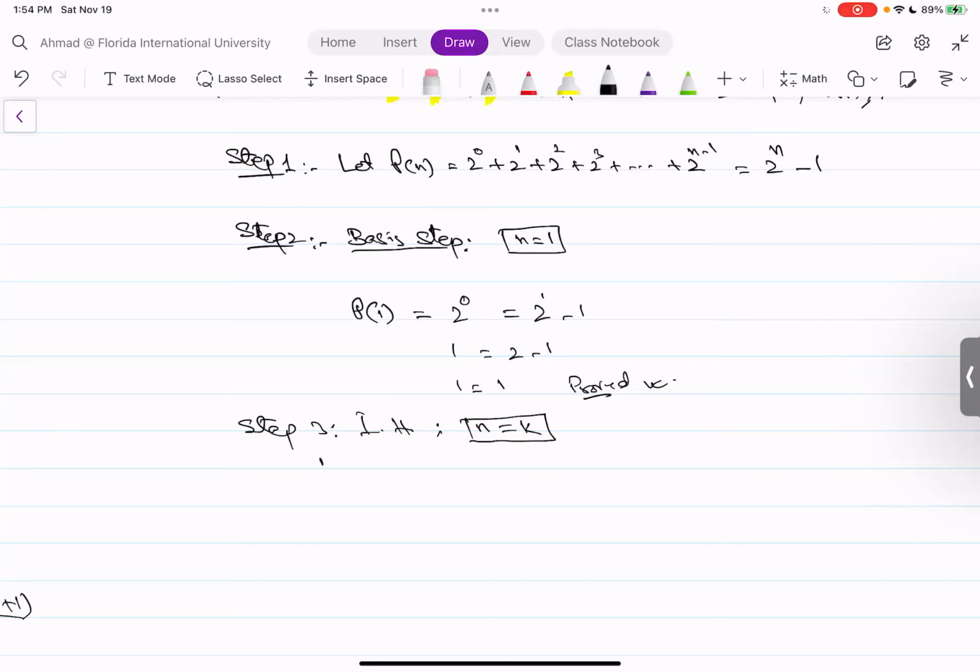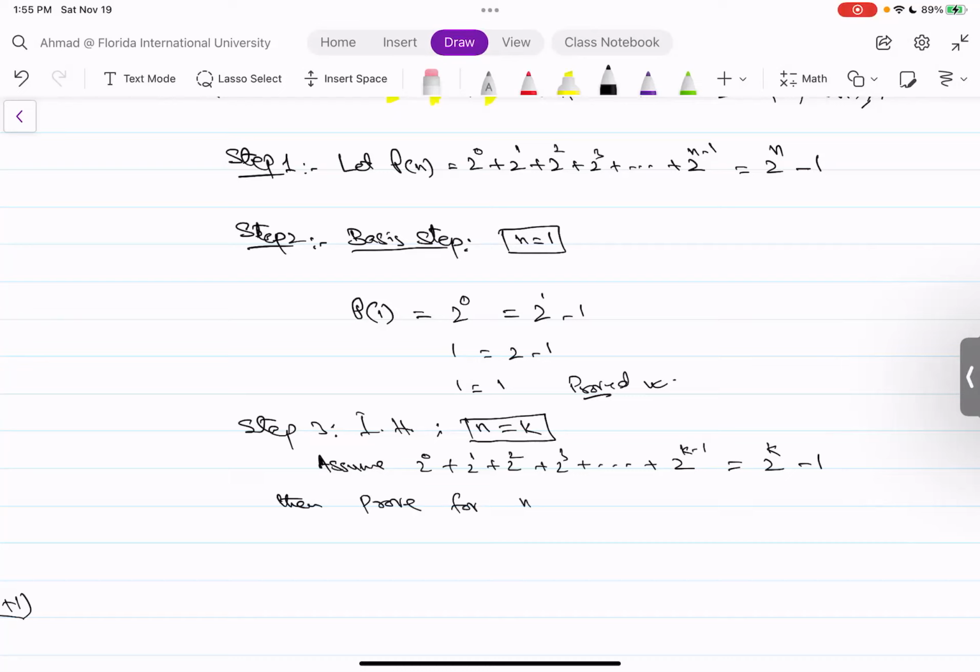So we assume that 2 power 0 plus 2 power 1 plus 2 power 2 plus 2 cube plus so on plus 2 to the power of k minus 1 is equal to 2 power k minus 1. That's my assumption.